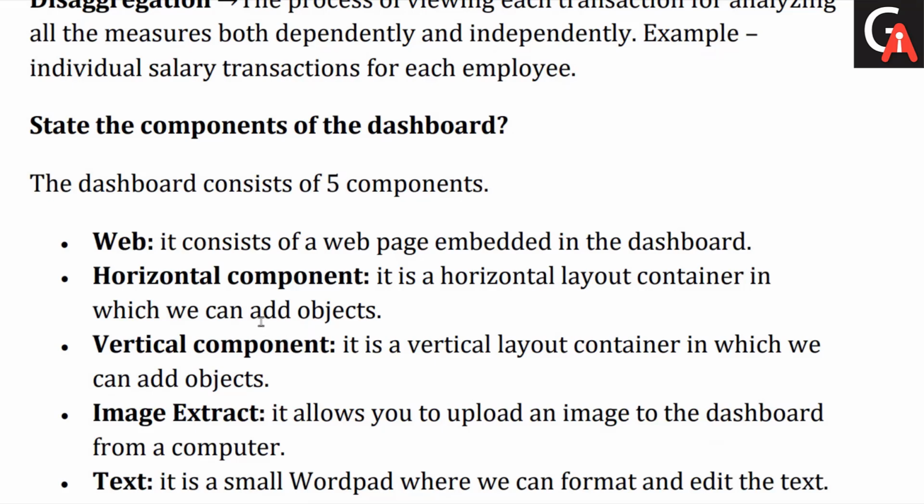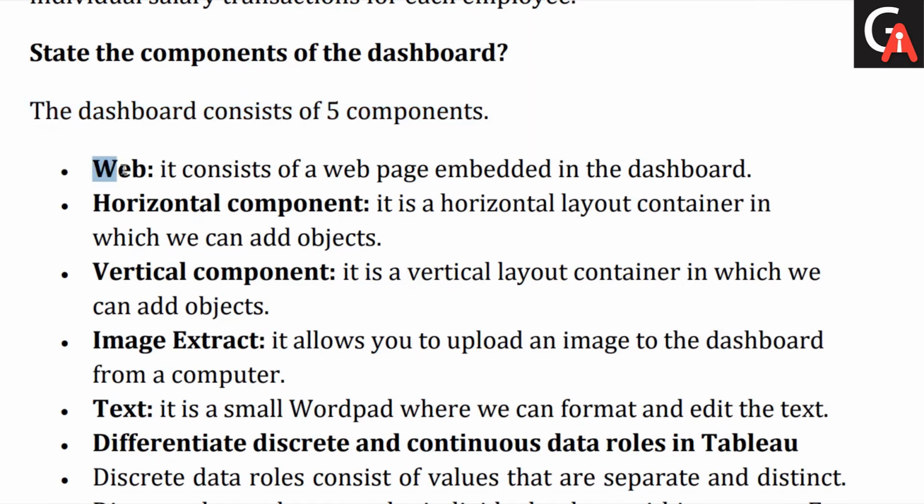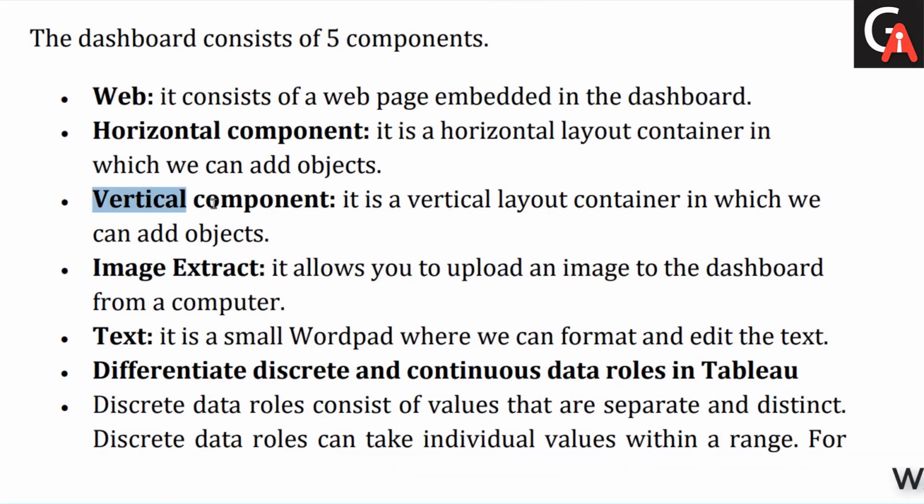Next question we have, state the components of a dashboard. The dashboard consists of 5 components. First is web. It consists of web pages embedded into the dashboard. Second is the horizontal component. It is a horizontal layout container in which we can add objects such as visuals. Then there is the vertical component.